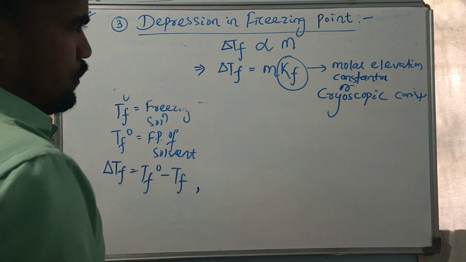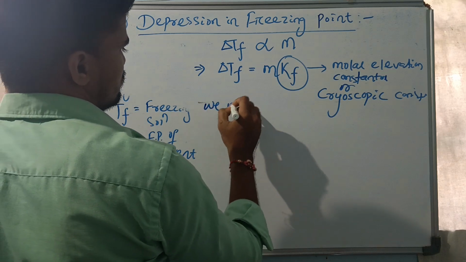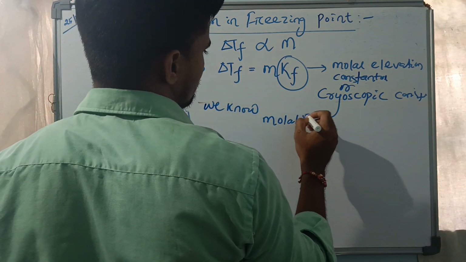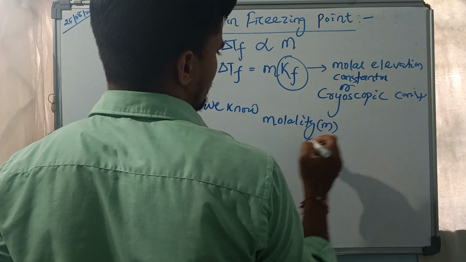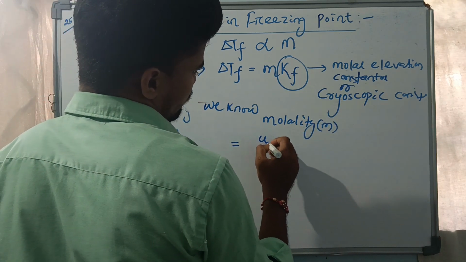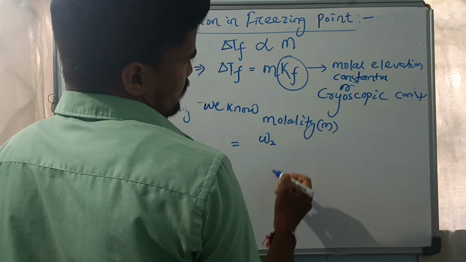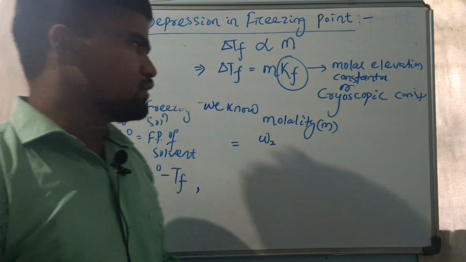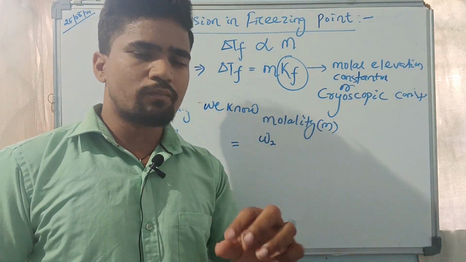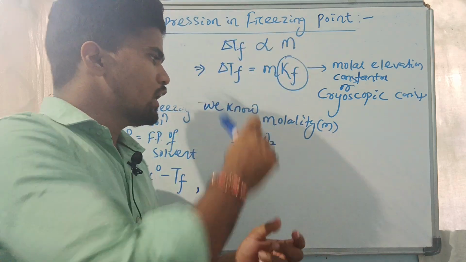Now we know molality is represented by the symbol small m. Molality is the weight of the solute, I will take W2. In the molality formula we use the mass of solvent in kg. Suppose we express it in gram, then it is divided by 1000, so 1000 will come to the numerator.